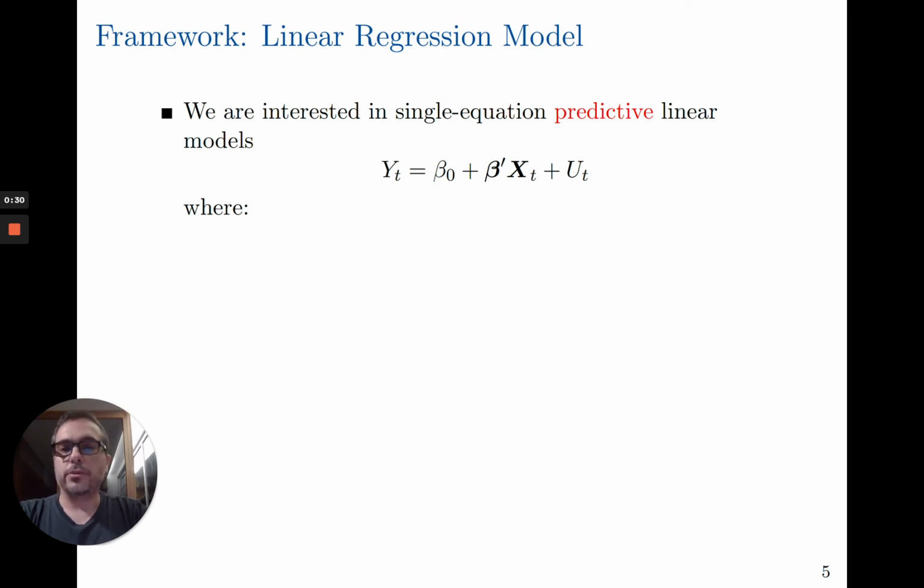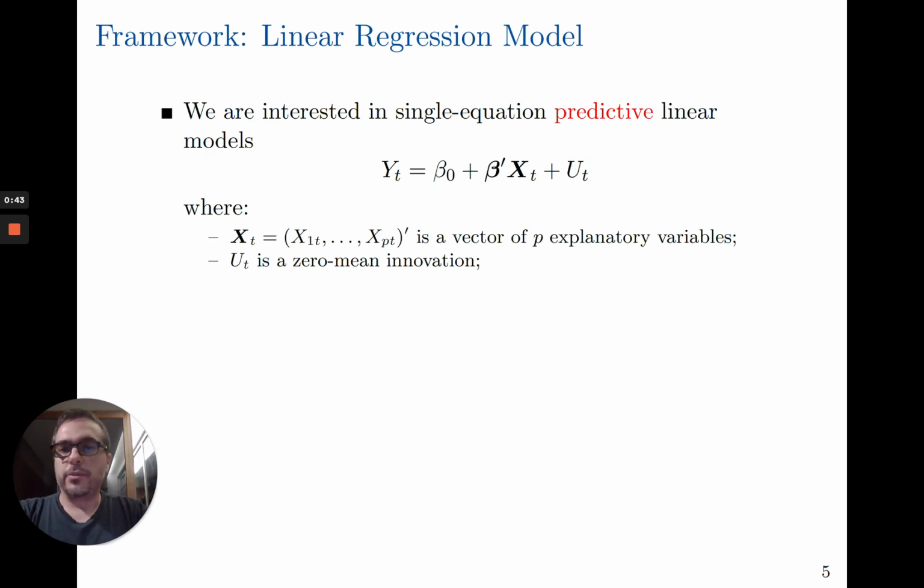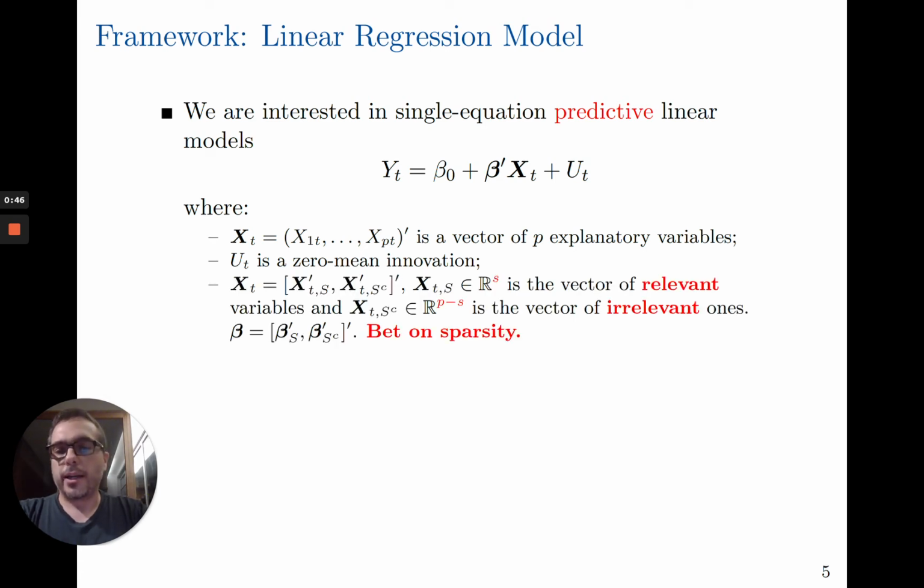It's a predictive model, so y equals beta naught plus beta prime x plus u. We have a vector of p explanatory variables, of p covariates. u is a zero mean error term, and we are dividing the vector x into two groups, x_S and x_Sc. x_S is a vector with s elements that represent the relevant variables in the model, the important variables.